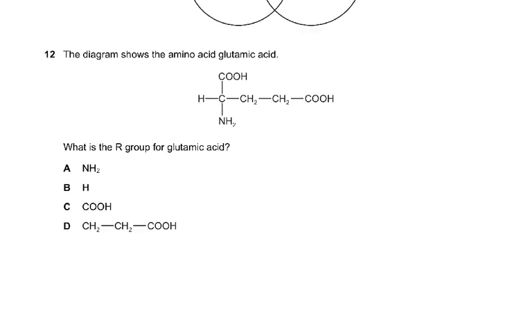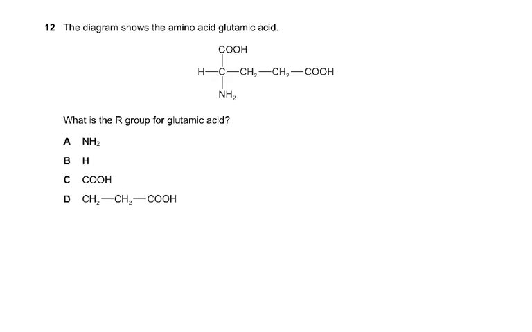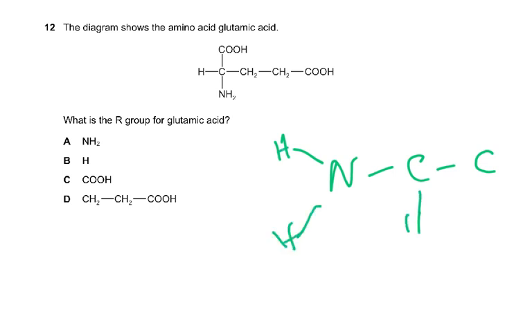Then question number 12. The diagram shows the amino acid glutamic acid. What is the R group for glutamic acid? So you see, basically N, C, H, and then there's an H here, and then there's a double bond O, and then there's an OH, and whatever is attached to the central carbon, that is the R group.